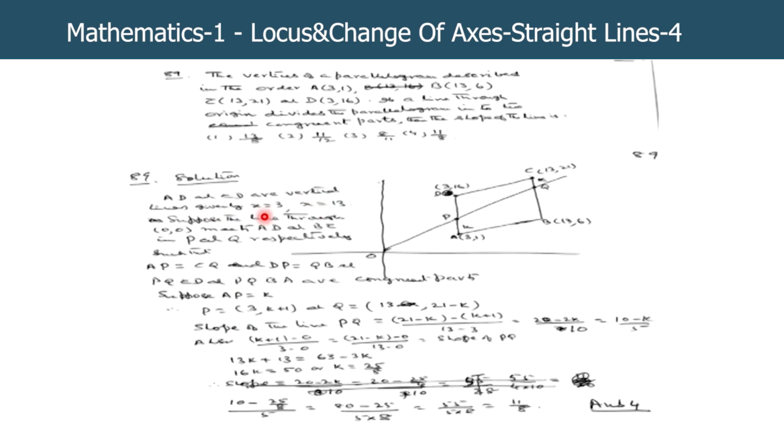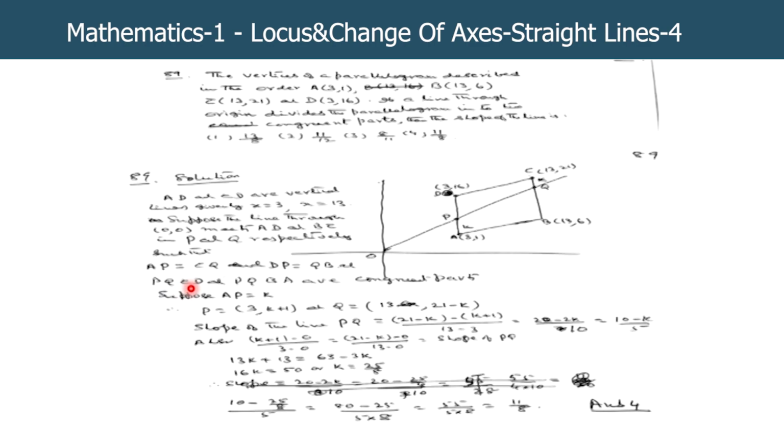Suppose the line through (0, 0) meets AD and BC in P and Q respectively, such that the two parts are congruent. So you will get AP equal to CQ and PD equal to QB.